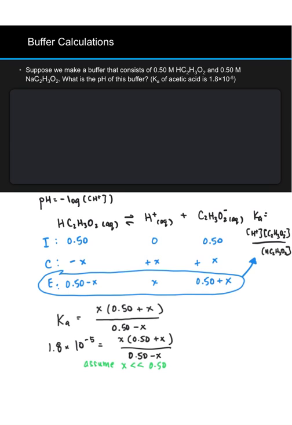So, if we assume that X is much, much less than 0.5, then 0.5 plus X is for all intents and purposes just 0.5. So our numerator becomes X times just 0.5. And similarly, 0.5 minus X is for all intents and purposes just 0.5. So our denominator becomes just 0.5. And we end up with X equal to 1.8 times 10 to the minus 5.